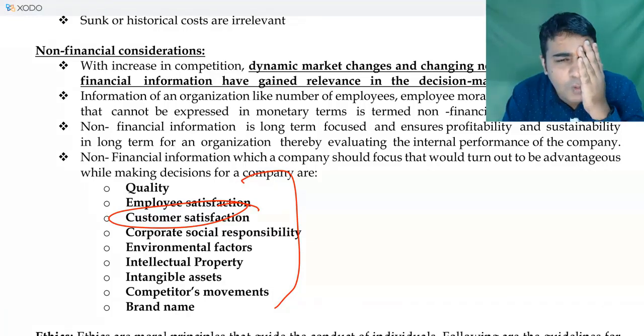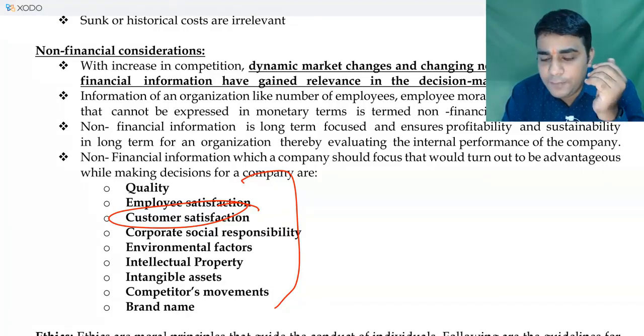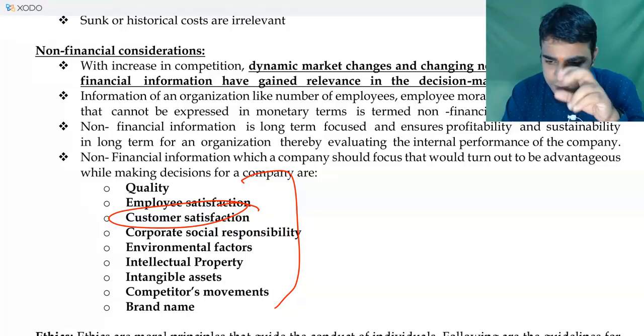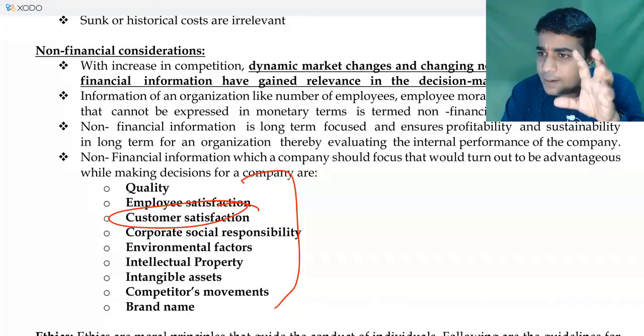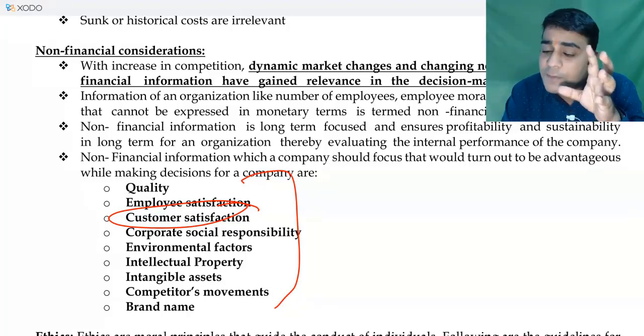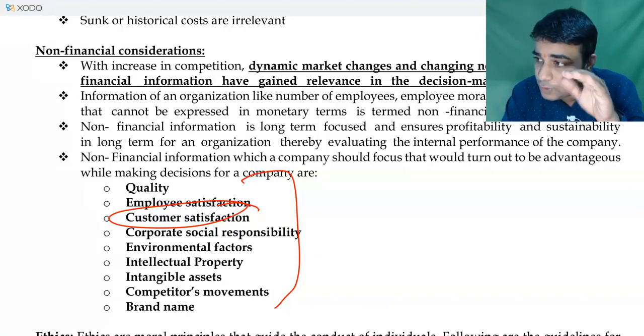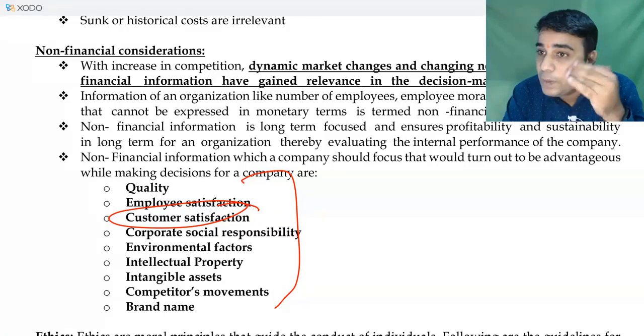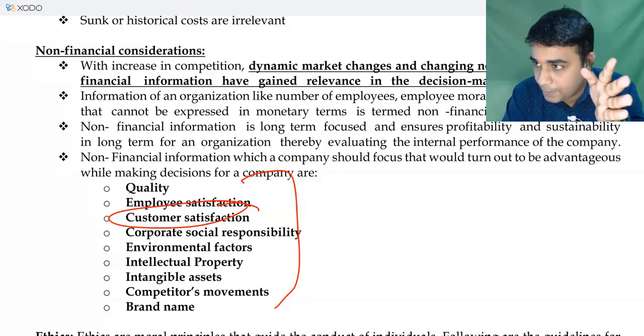I think during COVID time, the second wave, there were oxygen supply issues. Some of the industries were asked to temporarily shut down their operations and divert that oxygen supply for medical purposes.